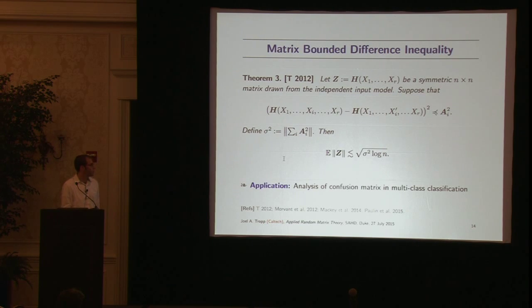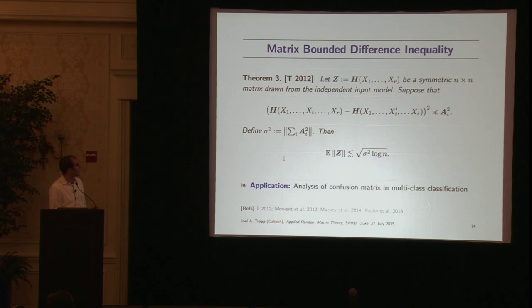And this comes up in machine learning. It applies to the analysis of the confusion matrix in multi-class classification, where when you change some of the input data, the confusion matrix can't change that much when you perform the validation.